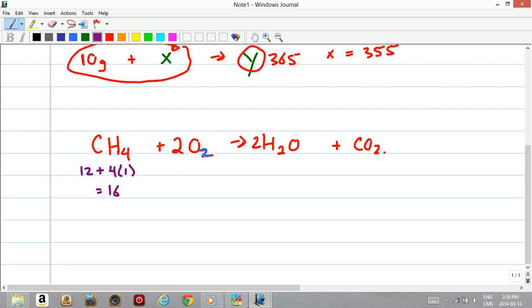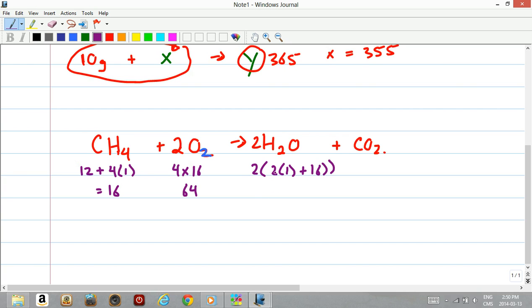I have 2 times 2, so 4 oxygen atoms, which weigh 16 each. So there is a mass of 64. I have 2 times 2 hydrogens, so 2 hydrogens, which weigh 1 each, plus oxygen.